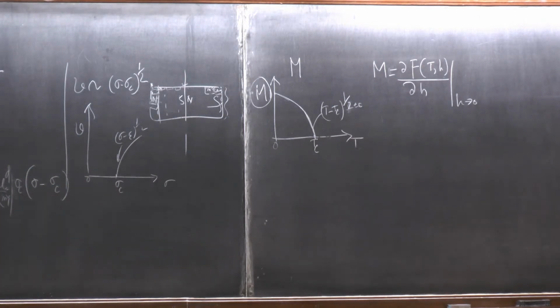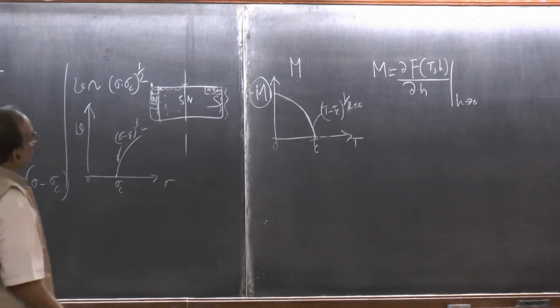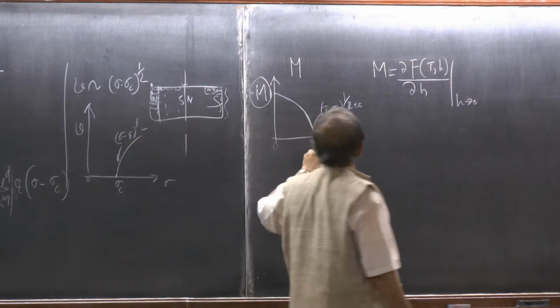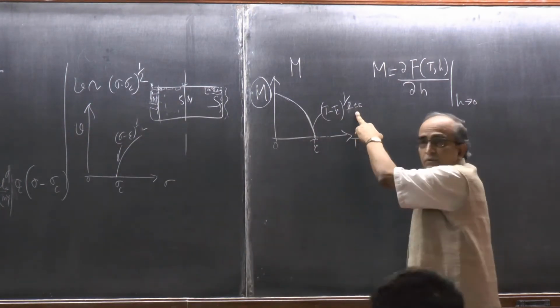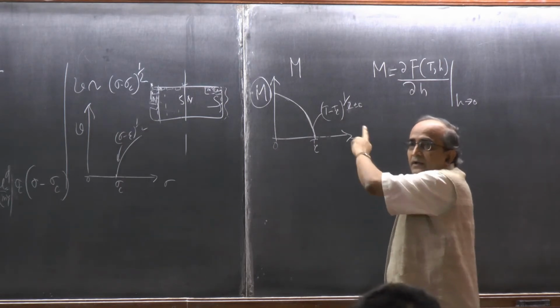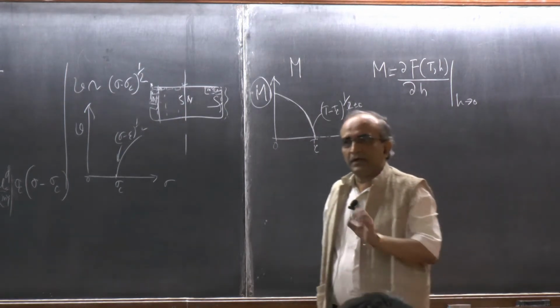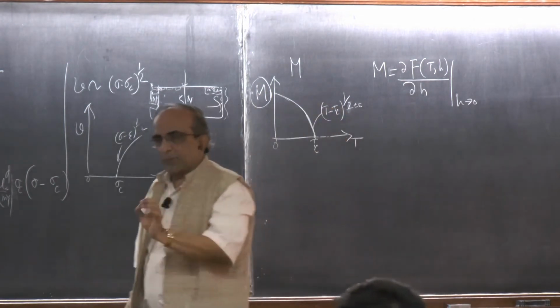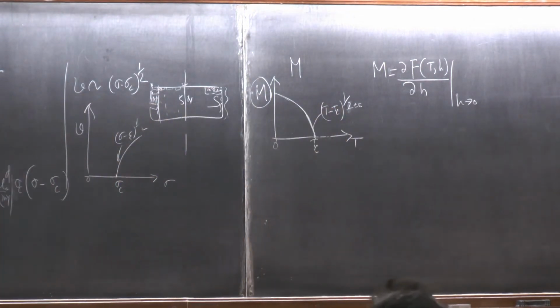Anyway, free energy is magnetization square. So this kind of behavior, if it is not exactly half, is giving you an indication of a problem that you are approaching a singular behavior in thermodynamics.